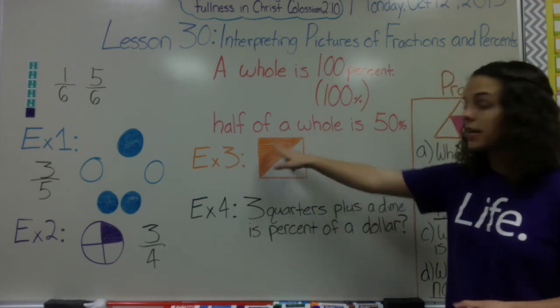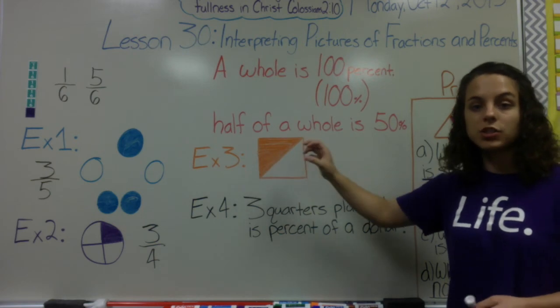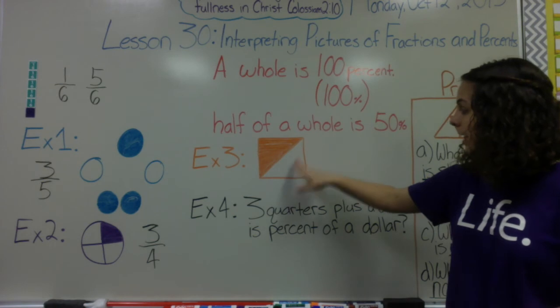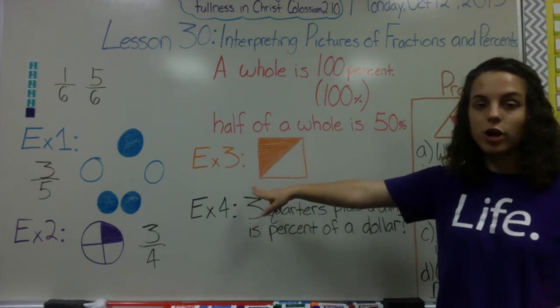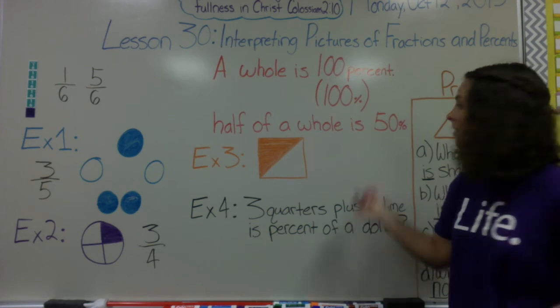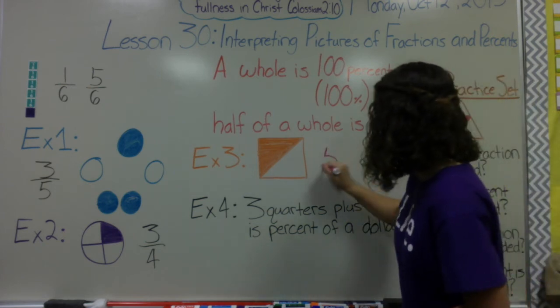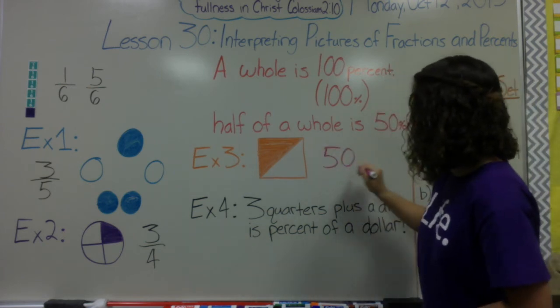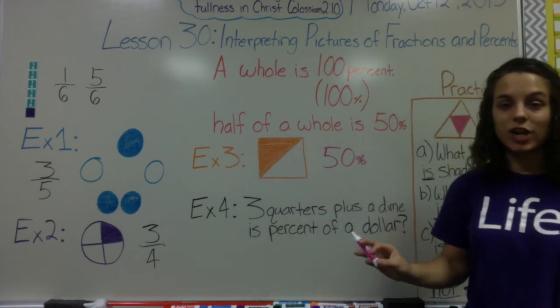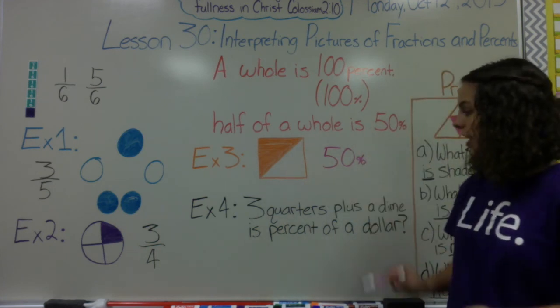They have to be equal in order for us to correctly determine that. I have 2 equal parts that it's split into. It's almost like triangles, and half of it is shaded. So your answer is actually right above you. Pretty easy. 50% of the square is shaded.